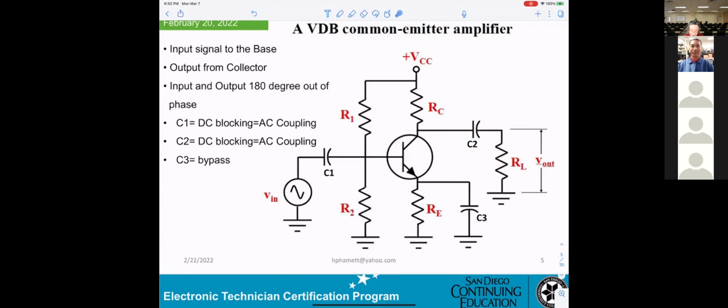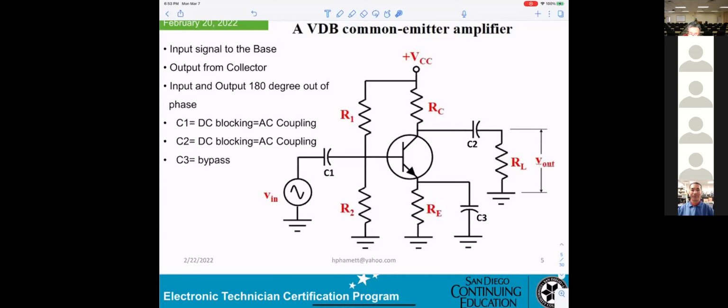Okay? And the last one, C3. C3 is called a bypass capacitor. The question is, C3 bypasses what? RE. Exactly.